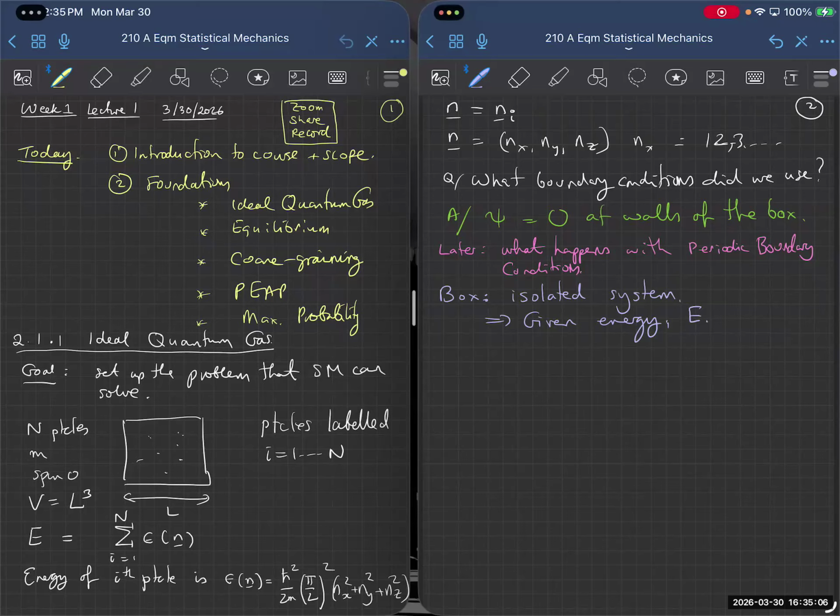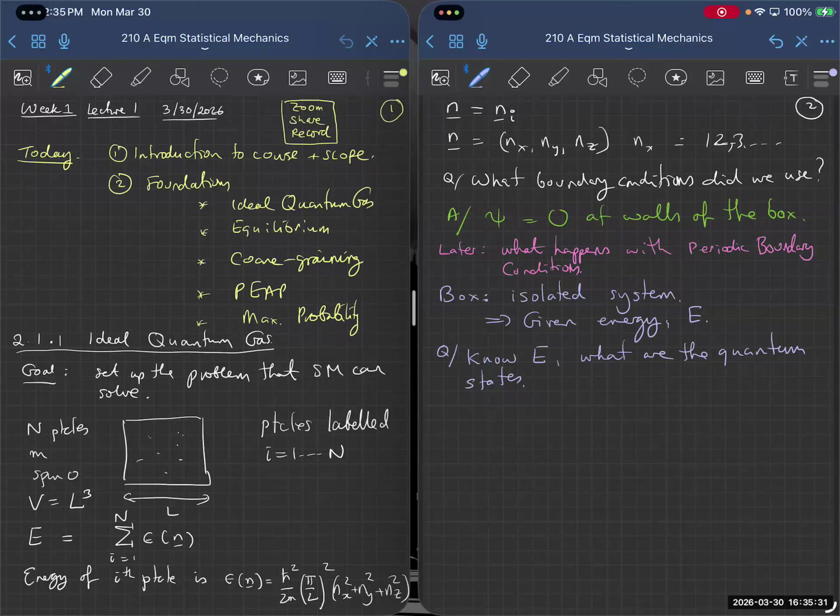Then there's a question that you may ask: if I know E, what are the quantum states? You may say, well, there's just some quantum state that gives you that energy.